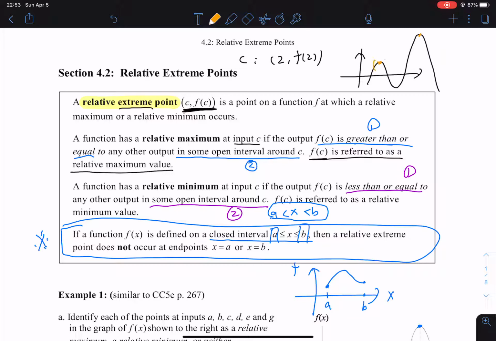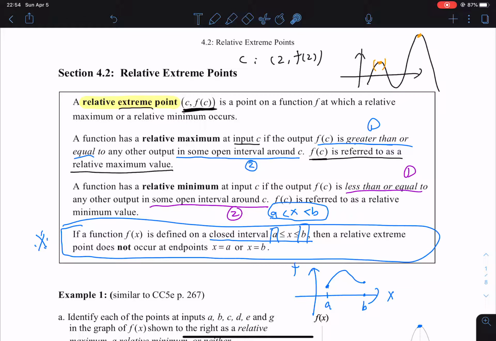If you draw any open interval around a point, the function value there is greater than any other function values around it. You can see this one is higher than that one, but that one is not around the first point.